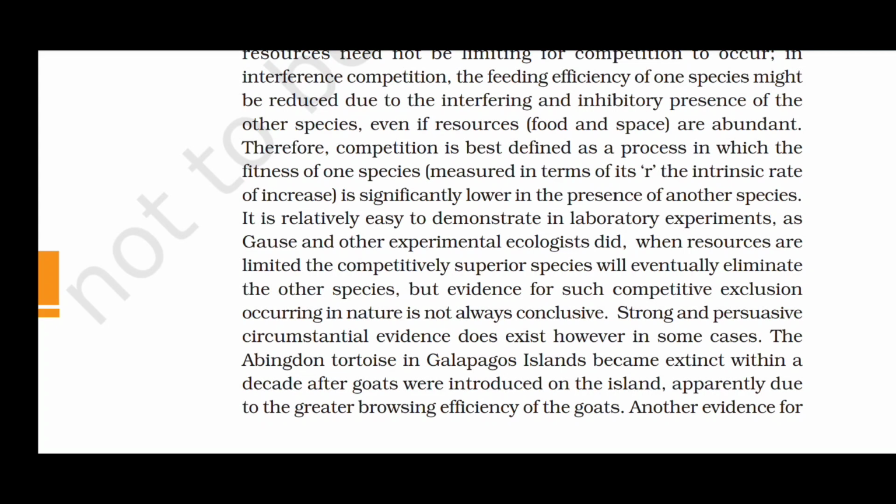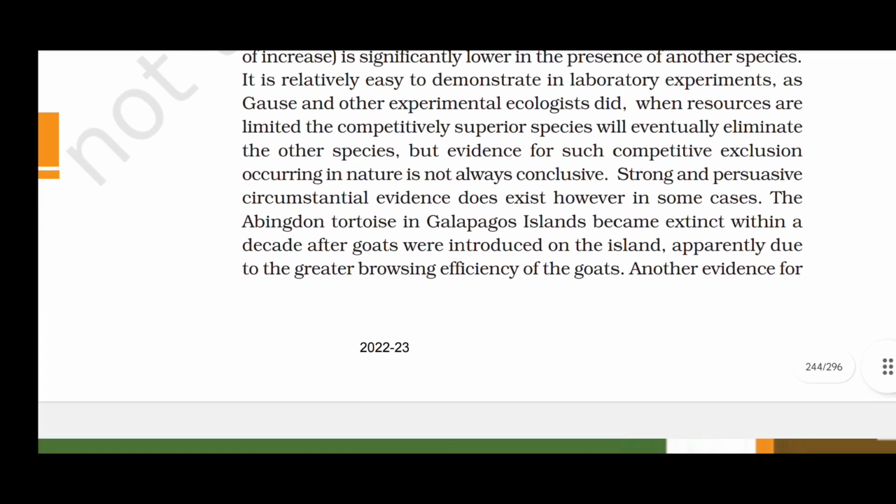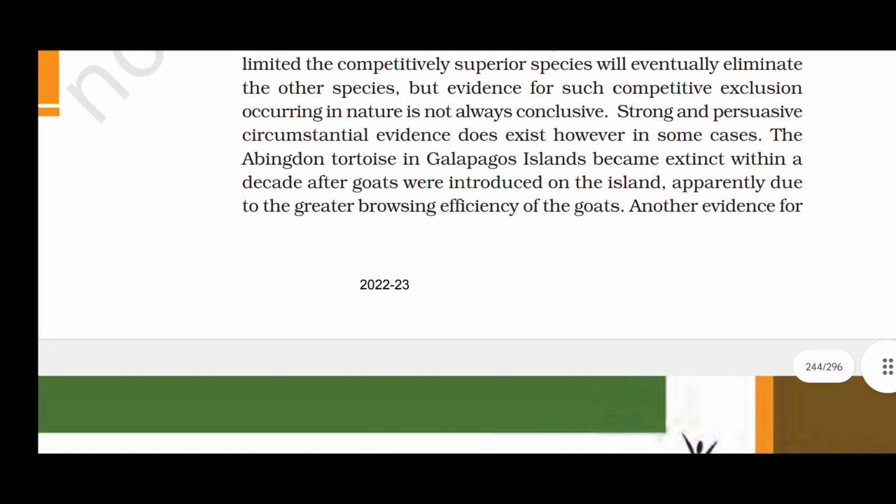Strong and persuasive circumstantial evidence does exist. For example, the abingdon tortoise in Galapagos Islands became extinct within a decade after goats were introduced on the island, apparently due to the greater browsing efficiency of the goats.